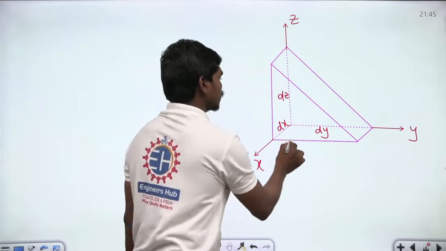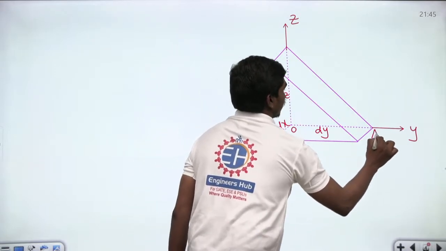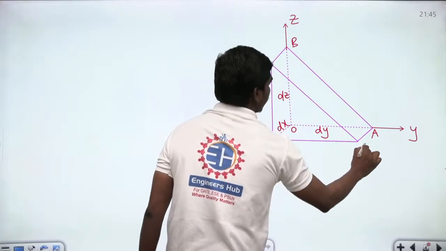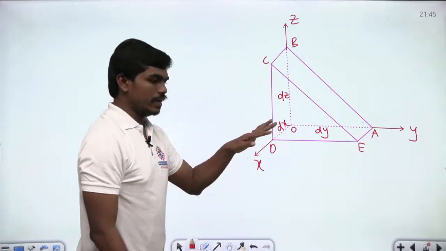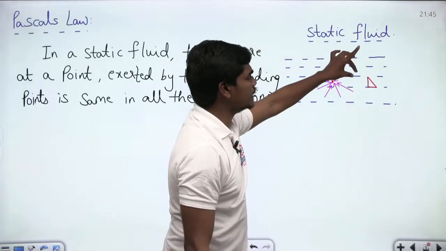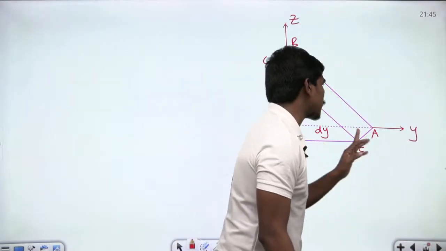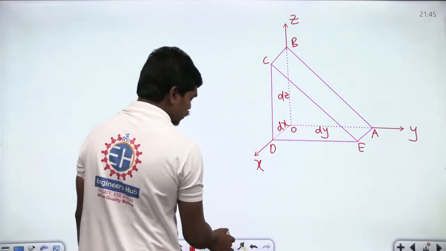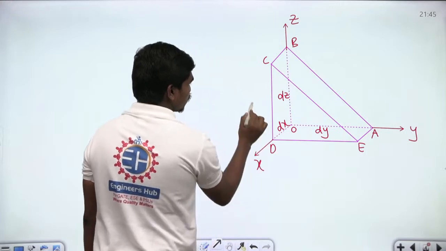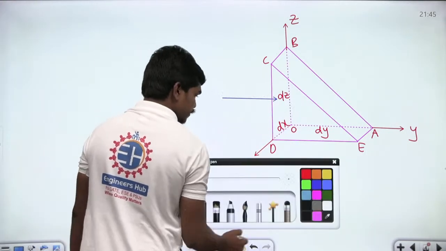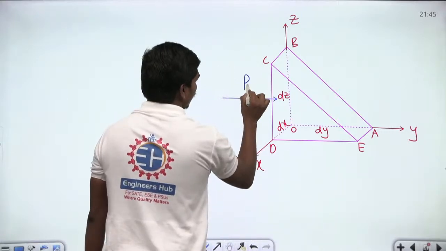Let us look at the points O, A, B, C, D, E. Let us suppose these are the points. Now let us suppose this element is at a particular point, and at that point the pressure in the y direction is Py. Let us suppose the pressure on this face is Py.